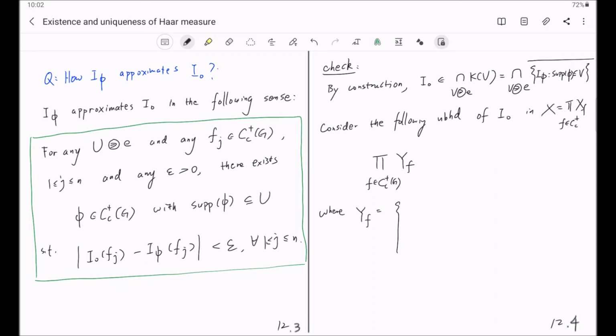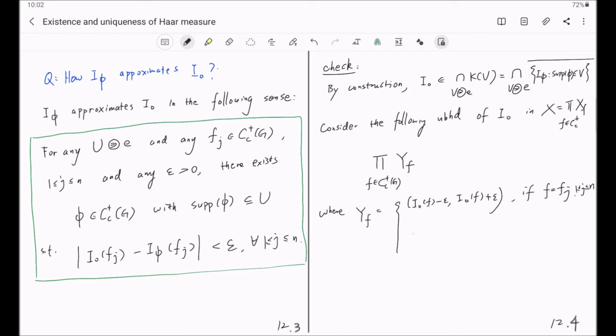There are two cases. First, Y sub F will be the interval from I naught F minus epsilon to I naught F plus epsilon if F is equal to Fj, where this Fj is the same as Fj here. There are n many of them, so here j is from 1 through n.